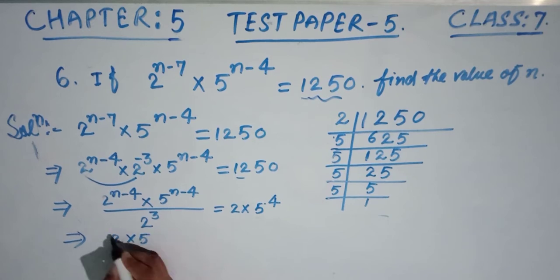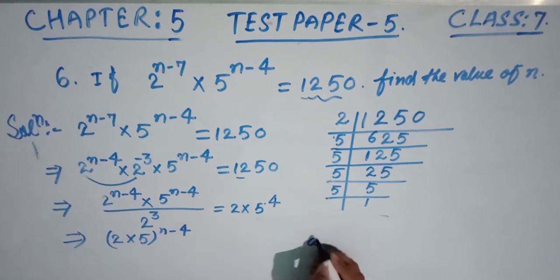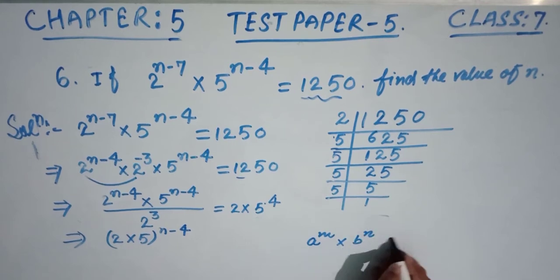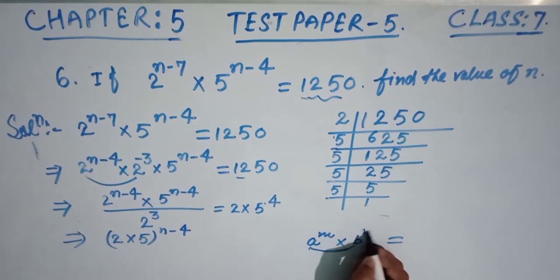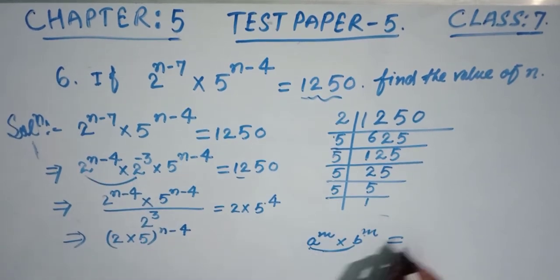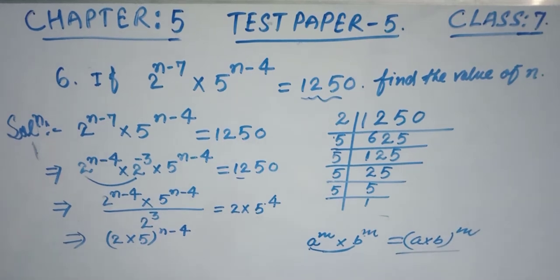If you remember friends, if the exponents are same, then multiply their bases and write the single exponent friends. Remember, suppose friends a raised to the power m and multiplied by b raised to the power n friends. So the bases are, or either we can write x or y, any could be anything. A raised to the power m, here the bases are different but the powers are same friends, powers are same, then multiply their bases and put the single exponent.